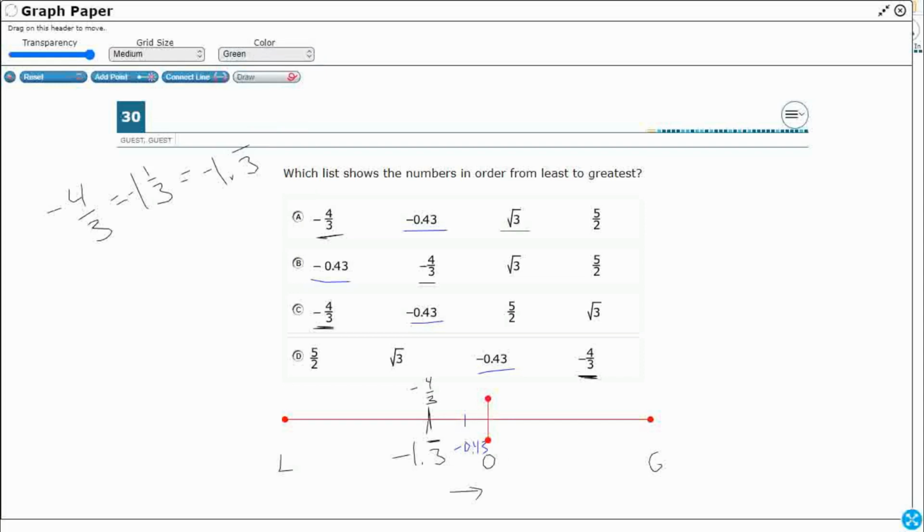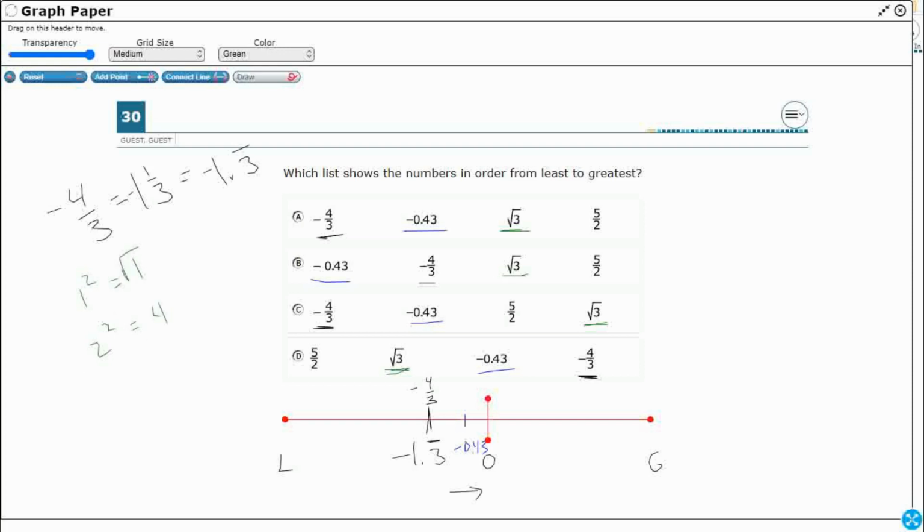Ooh, all right, I've got my square root of 3. I'll use green for this. We can estimate square roots, then double check with our calculator. Well, 1 squared equals 1, and 2 squared equals 4.